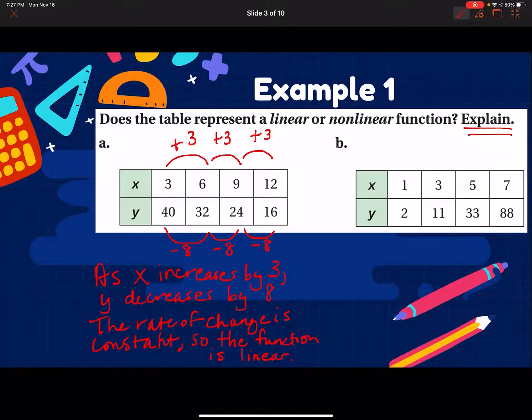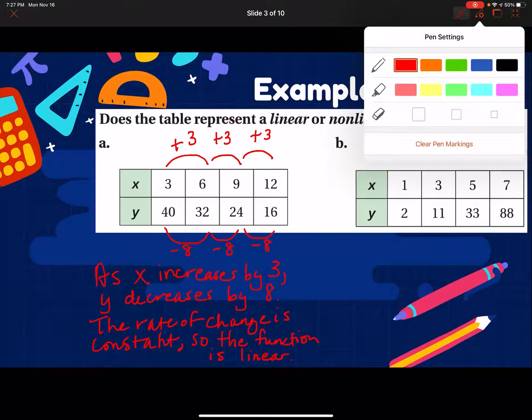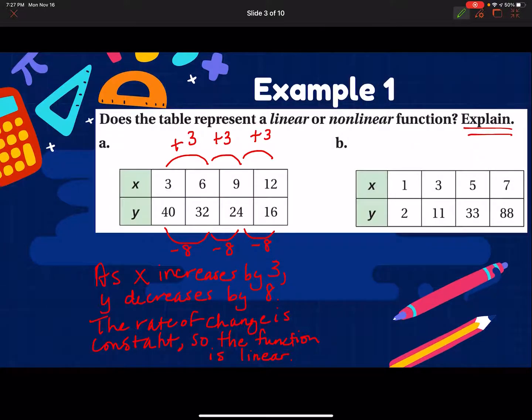Okay, we're going to do the same thing with B. Example B. So let's look at our input or our x value first. We've got an increase of 2, 2 again, and 2 one more time. Now when we look at our output, we have an increase of 9 with 2 and 11. With 11 and 33, we have an increase of 22.